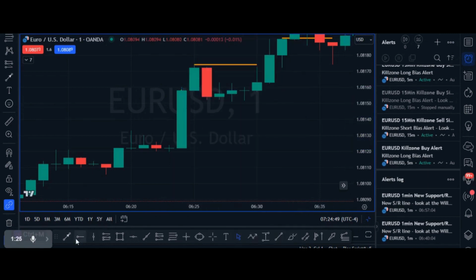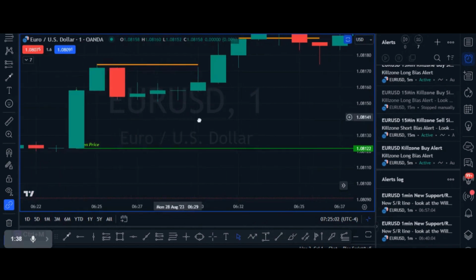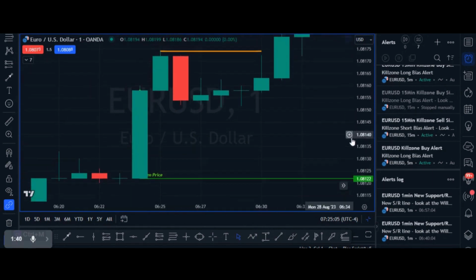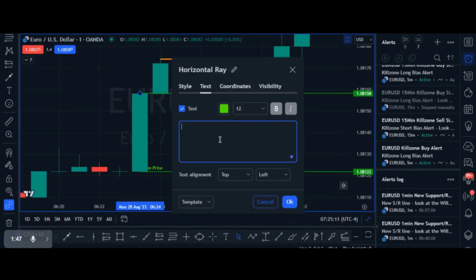All right, let me say this again. Here we have the open. This is the open price on this candle. Then here we have the closing price on this candle.